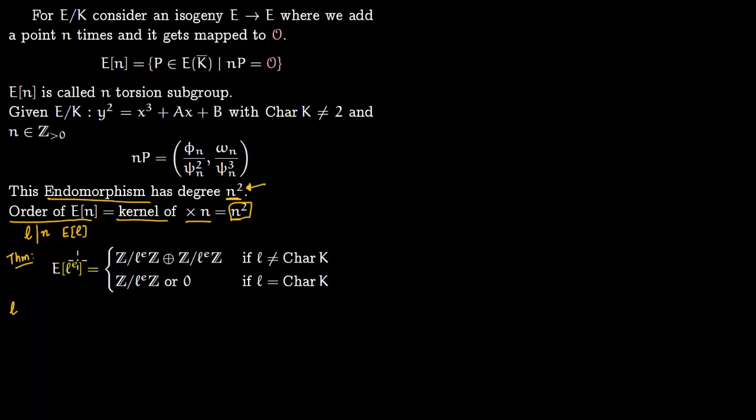Then E[l^e], where e is some positive integer, is Z/l^eZ direct sum Z/l^eZ, if l does not equal the characteristic of the underlying field K for the elliptic curve, because the elliptic curve is defined like this, E over K. And this is just Z/lZ or 0 if this prime is equal to the characteristic of K. So we are going to take this l as a prime, because once you know the structure for the prime, then you can do it for any n, because you can decompose n into its prime factors, and then put the group as the direct sum of these groups of prime order. So let us do this big theorem now.